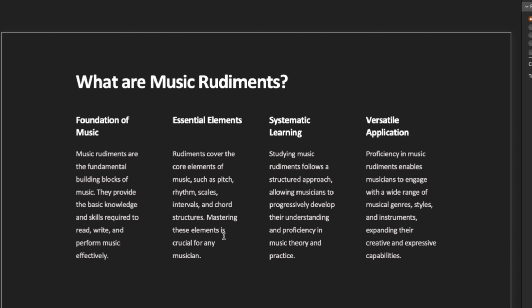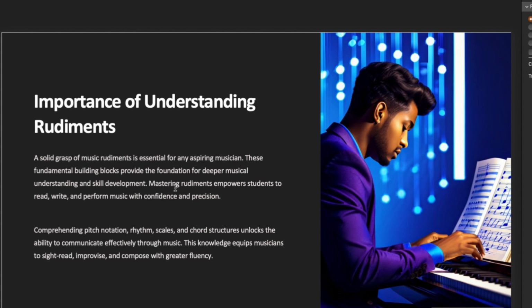Mastering all these elements is crucial for a musician, be it an instrumentalist or a vocalist, someone that sings. So let's proceed without wasting much of our time into the next slide.